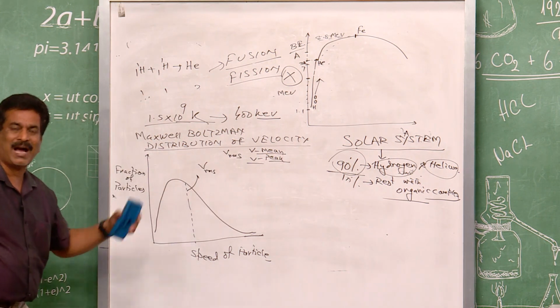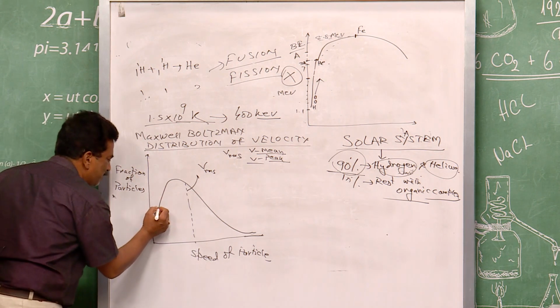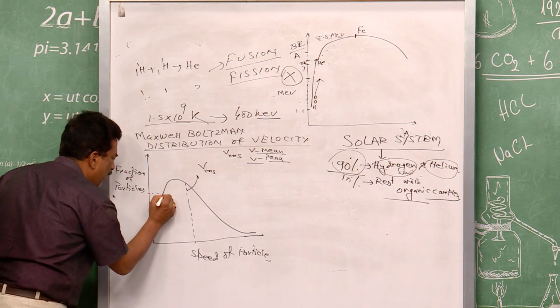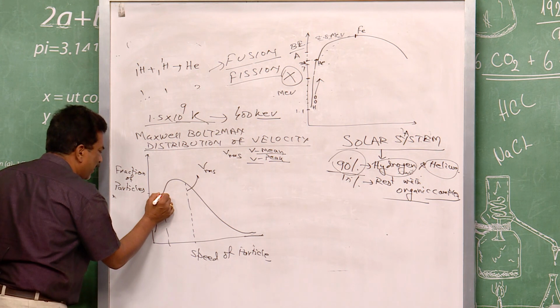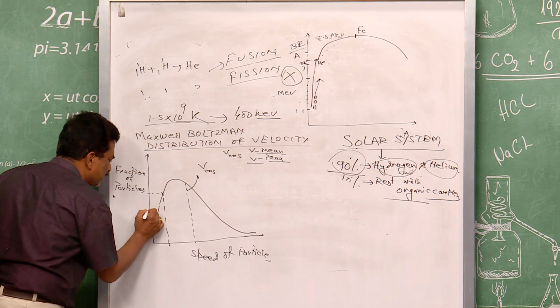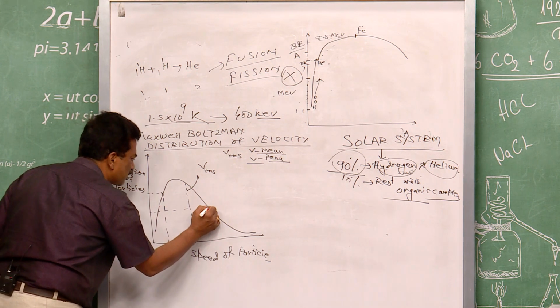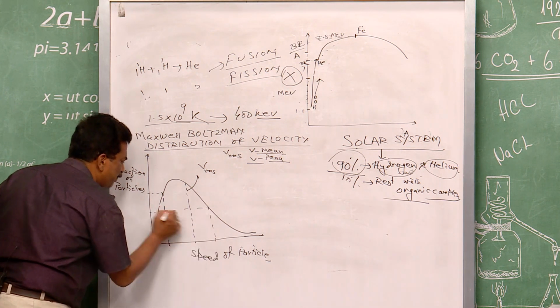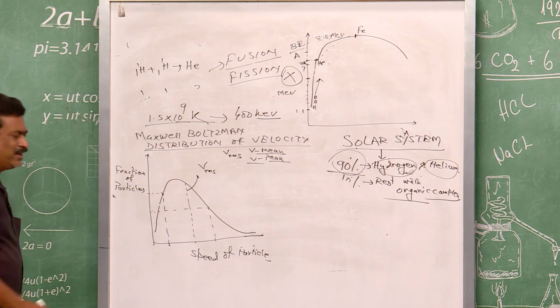If this is the RMS velocity, then suppose this is the fraction and this is its speed.